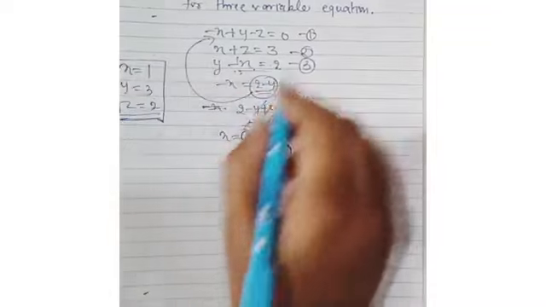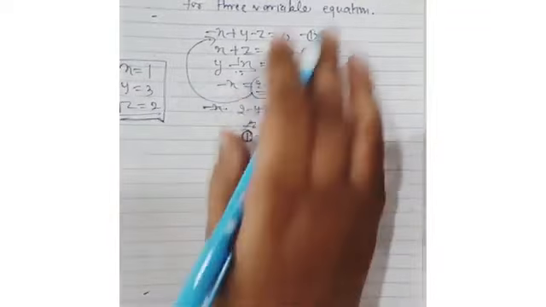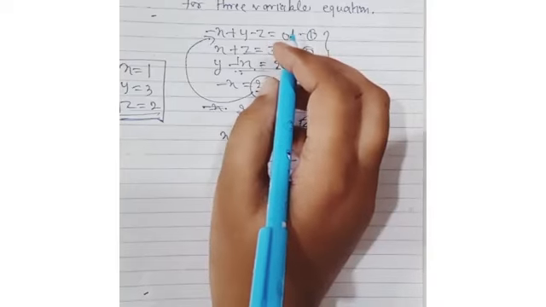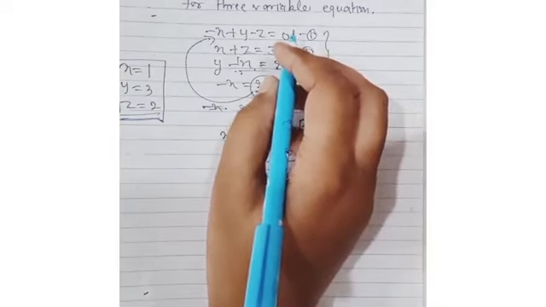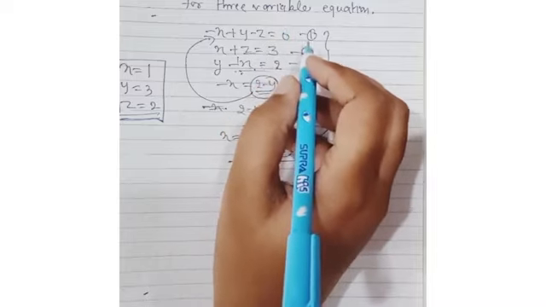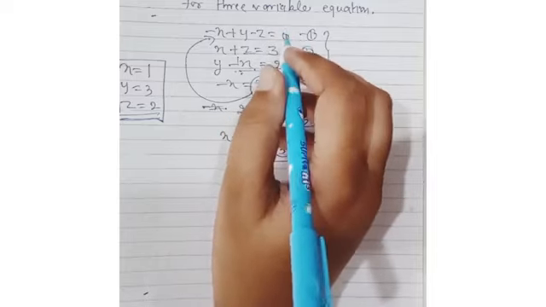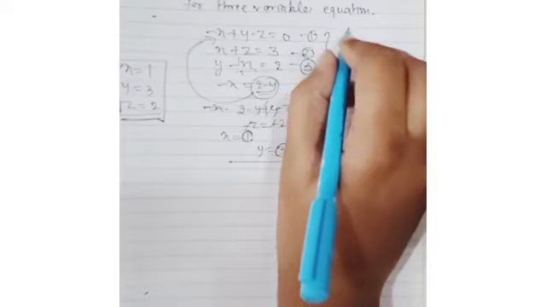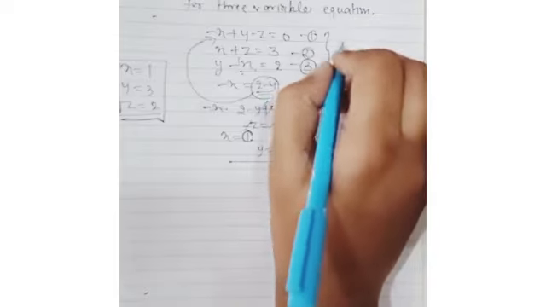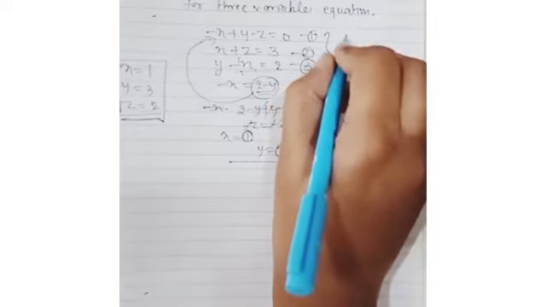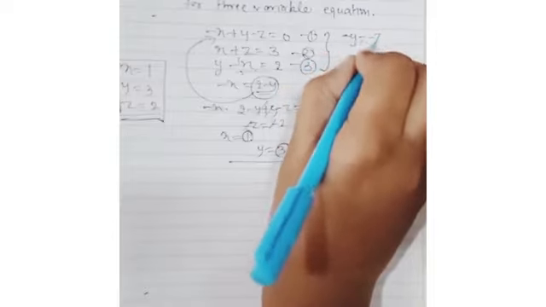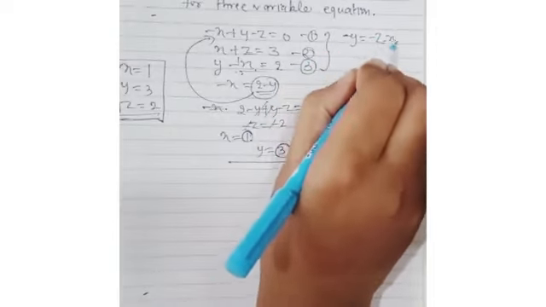Before doing the experiment on our analog computer, let's make some changes here. Let's see what changes I can make so that my equation becomes easy to put on my analog computer. From here I can do minus y equal to minus z minus x.